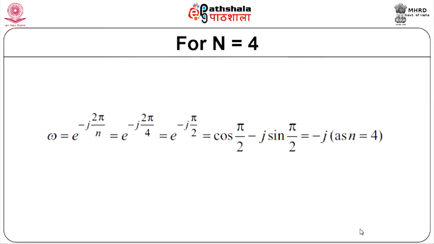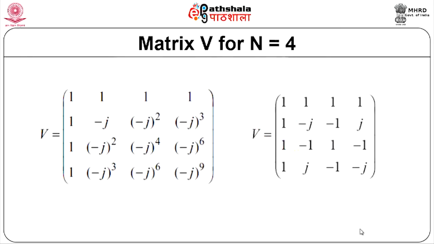Now, this is an Euler equation. So, e power minus j pi by 2 is nothing but cos pi by 2 minus j sin pi by 2. This is going to be minus j. So, now we know omega, and we can substitute it into this equation. By substituting this we can get the matrix for capital V.